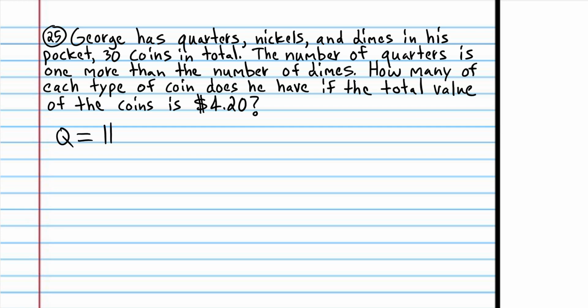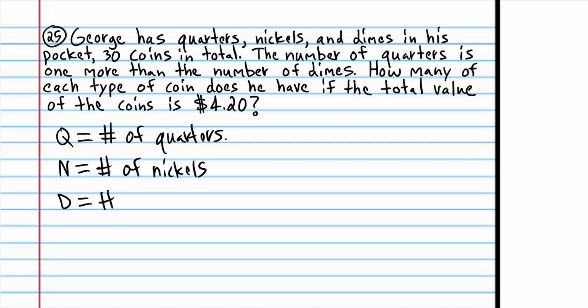All right, we're back. We're going to let Q be the number of quarters. Remember, you must define your variables. N is going to be the number of nickels. And D is going to be the number of dimes.